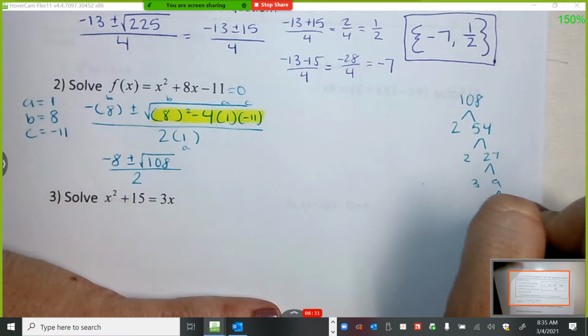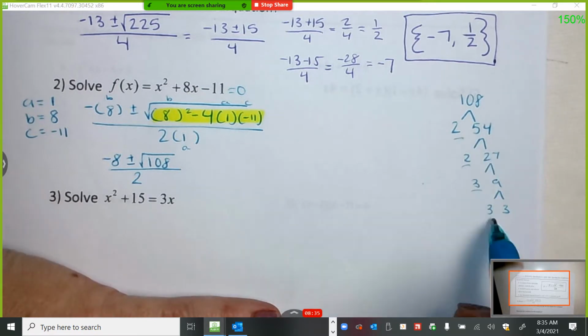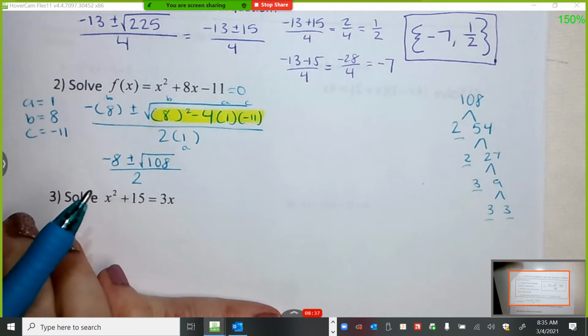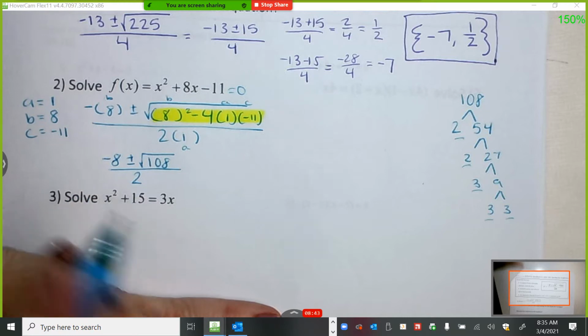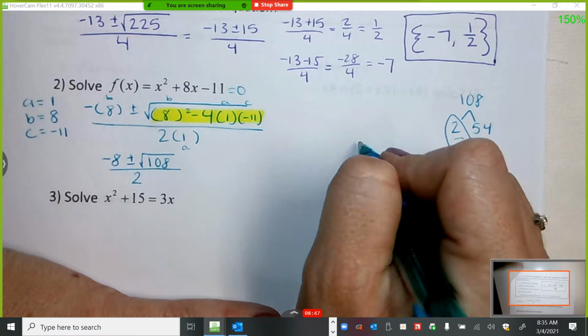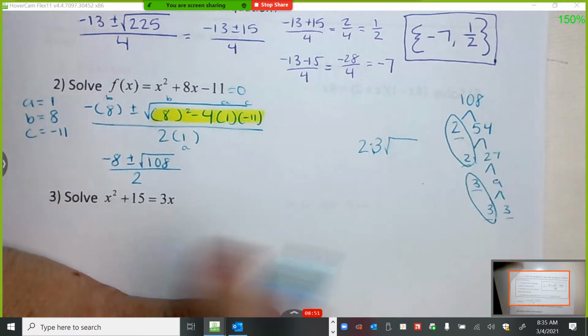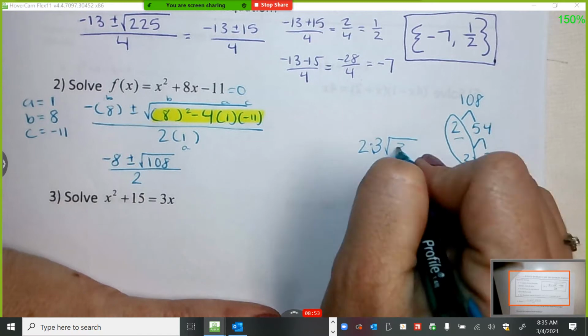And then 9's a perfect square with 3 and 3. So these 1, 2, 3, 4, 5 numbers are all prime. So I'm done with my factor tree. So what are my pairs? I have a pair of 2, and I also have a pair of 3. So that's going to take that out. And then what's left? 3. So what's 2 times 3?